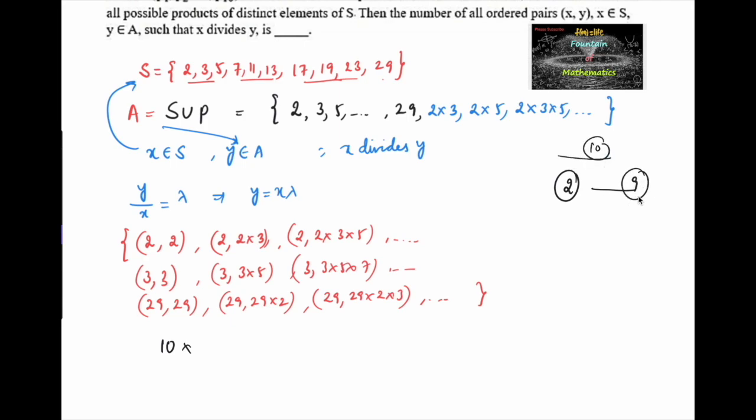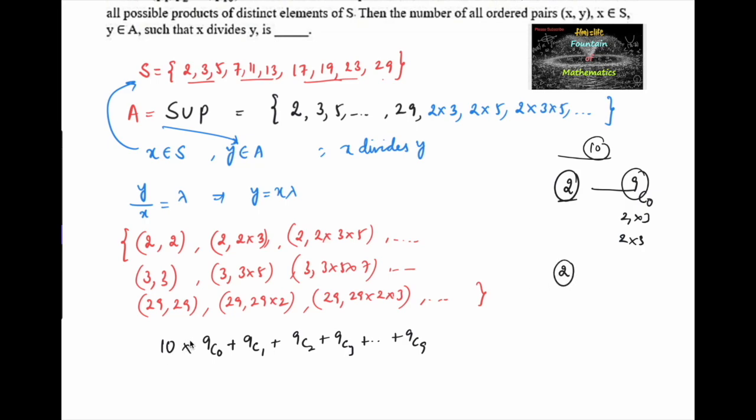So from the 9 numbers I can choose 0 numbers, so that I take only 2 comma 2. So 9C0, or I can choose one more, 9C1, that is 2 comma 2 into 3, and 2 into 3 into 5. I can choose 2 numbers, or 3 numbers, or up to 9 numbers in the product. So these are the possibilities for each number.